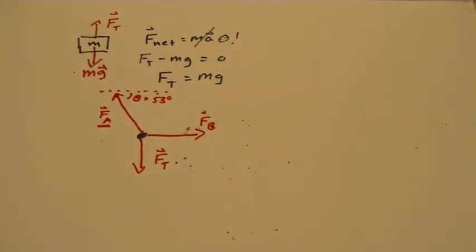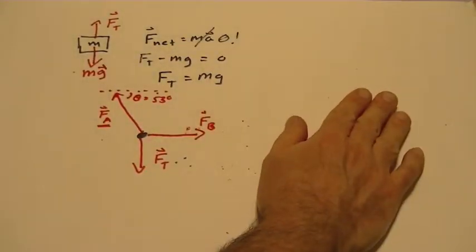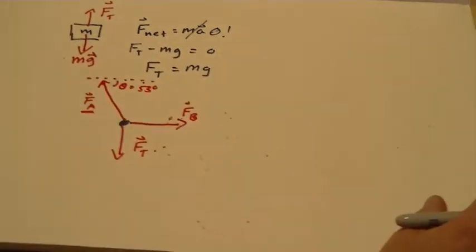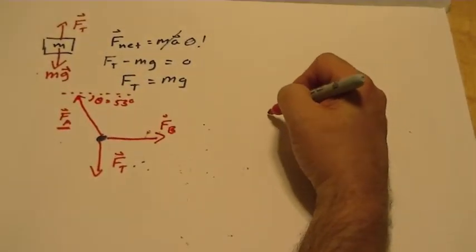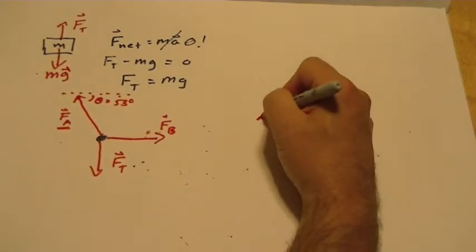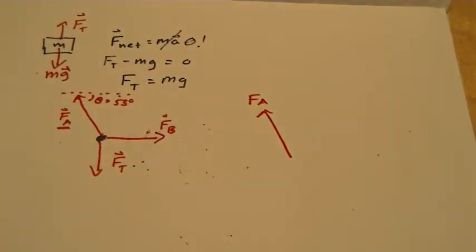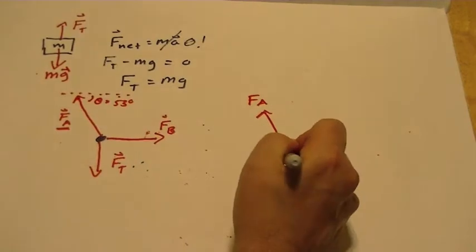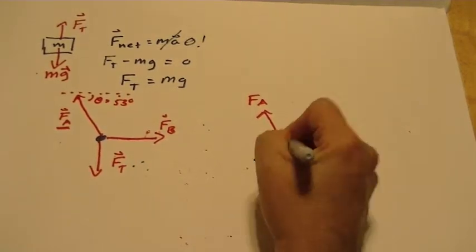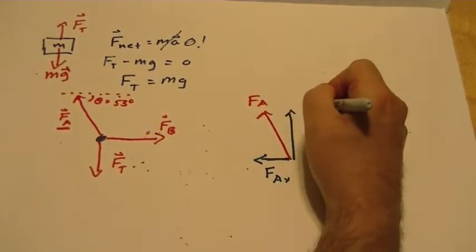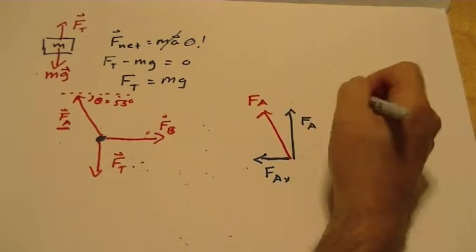So what I need to do is break Fa into components. I'm going to do that over here, and then we'll look at a new force picture with the components of Fa. So if I take a look at vector Fa, I want to break this into two new vectors, Fax and Fay.